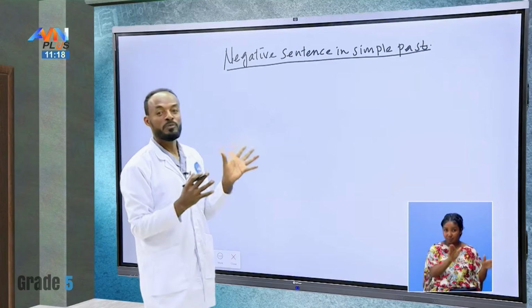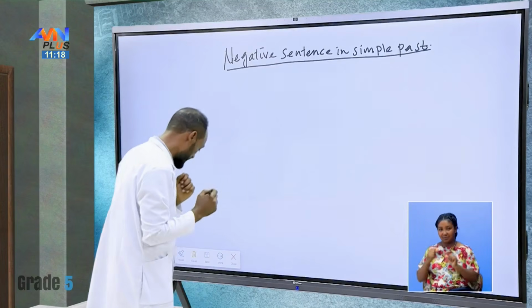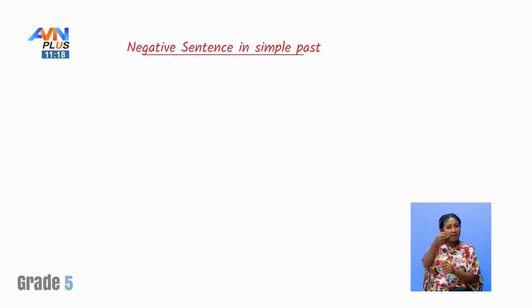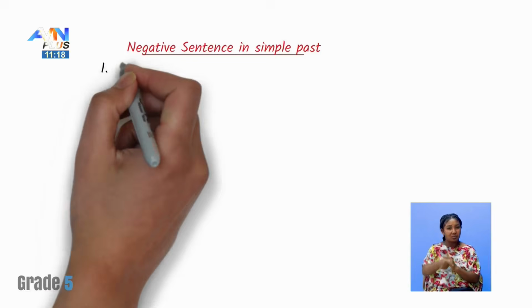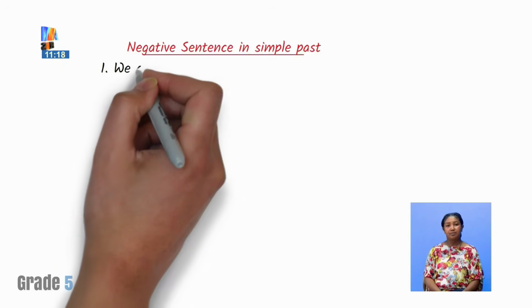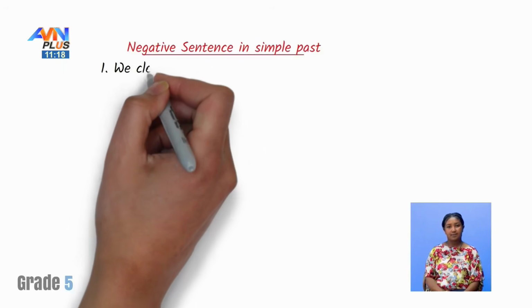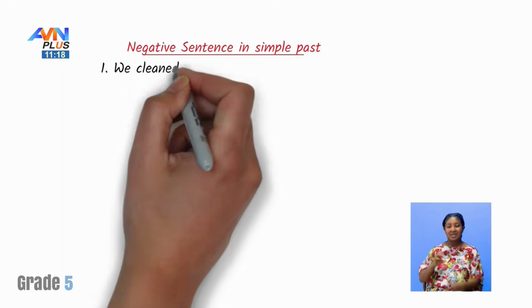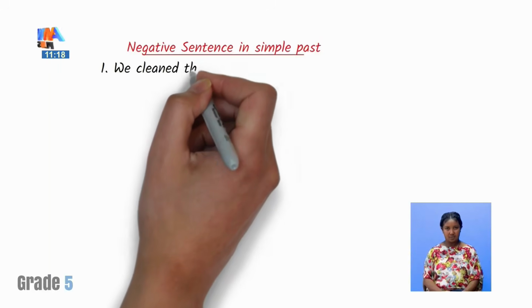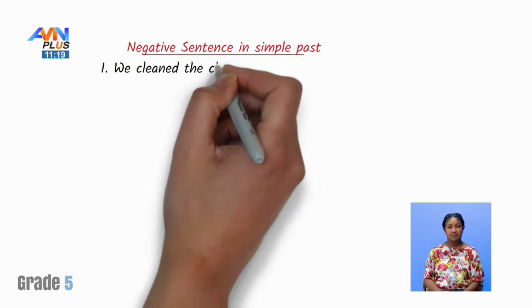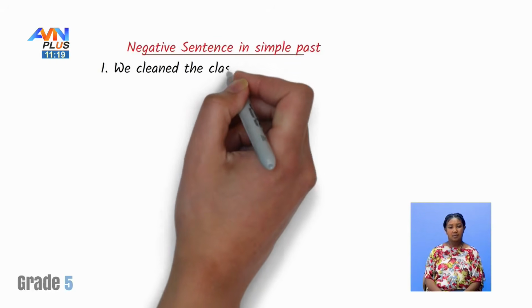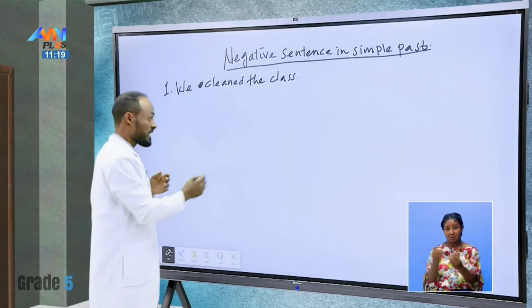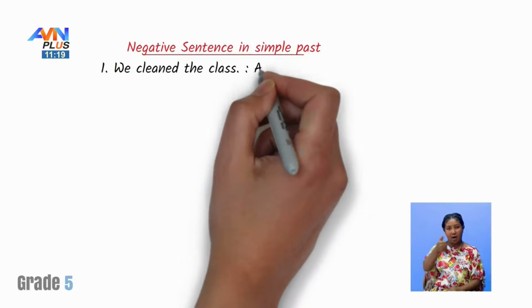Now we are going to say something about the negative. When we say negative, first of all, we have to know what affirmative means. Let's write one example in affirmative sentence. We cleaned the class. Look, this one is affirmative, isn't it? Nice. So this one is an affirmative sentence.